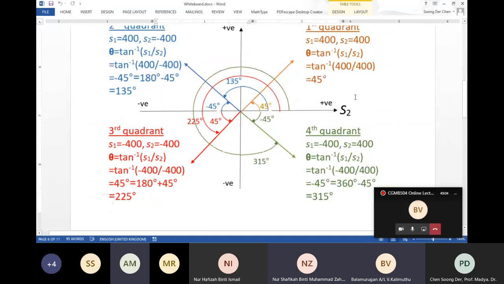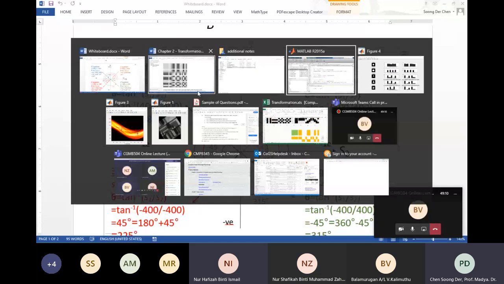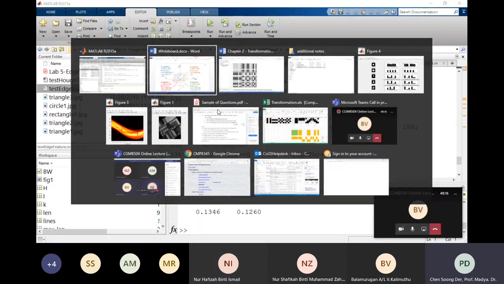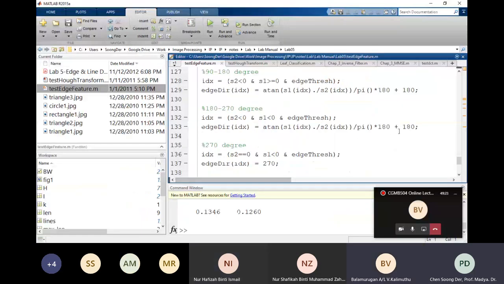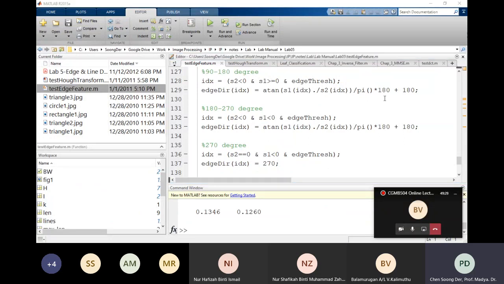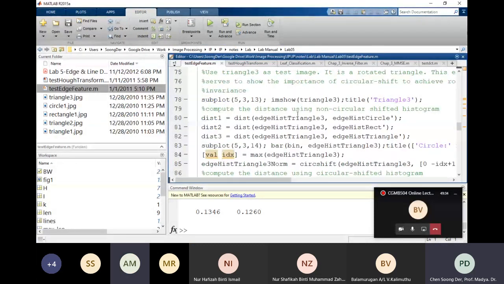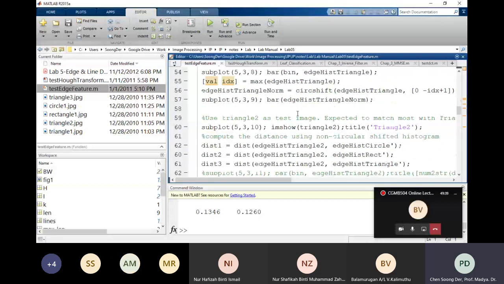Yes. So this is actually coded here. If it's less than 0, which quadrant are they under? The third quadrant. So then you have to add 180. If it is greater than 0, this is the second quadrant, so add 180 is the same like this. So these are all the codes which you can take a look at. But if you feel like it, just roughly take a look. If you don't understand the details, it is okay.